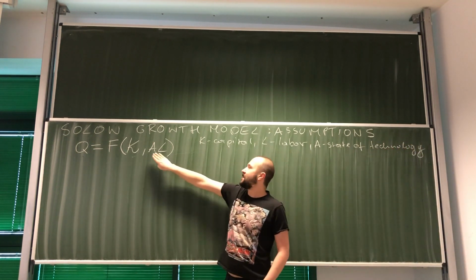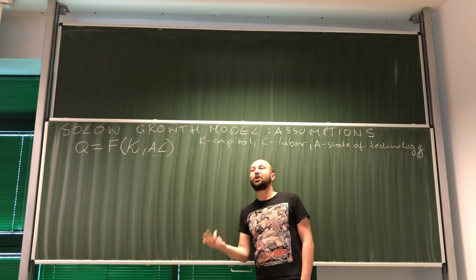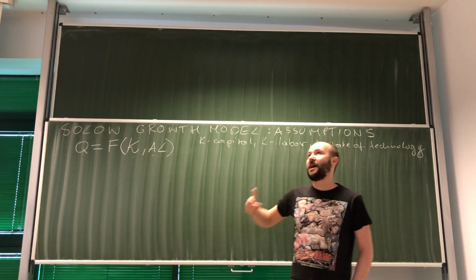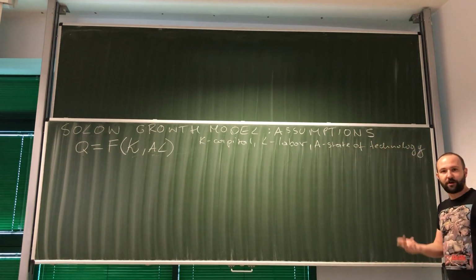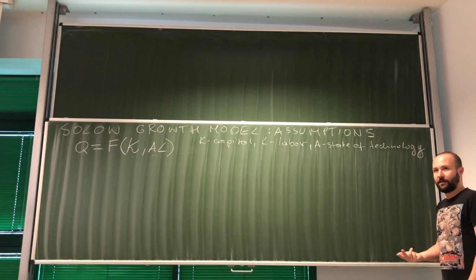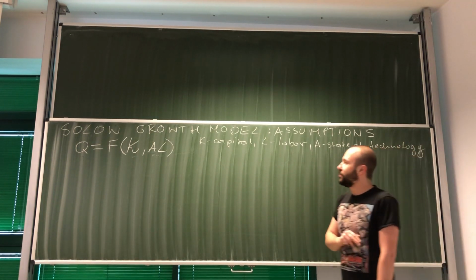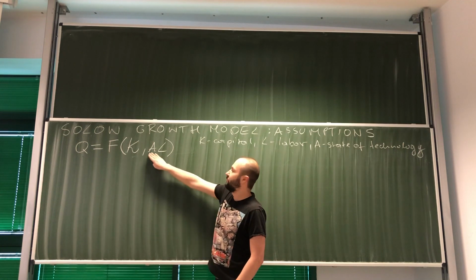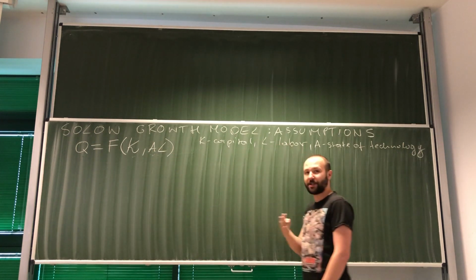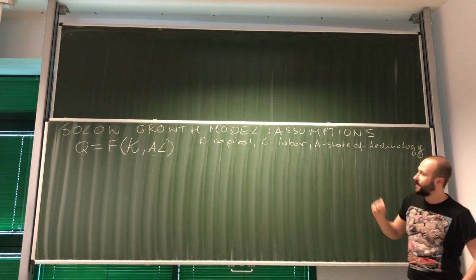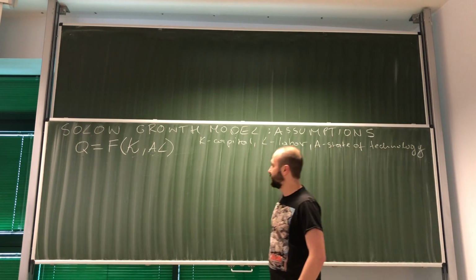You can think of A either as human capital, in the sense of how well the worker has been trained in using the computer, or you can think of A as what kind of software the worker is using.